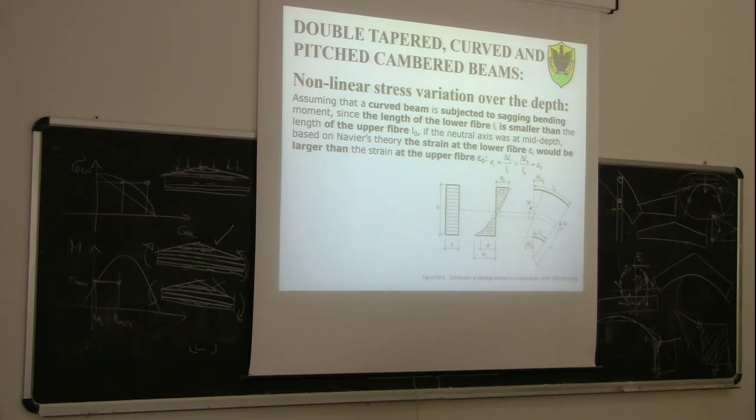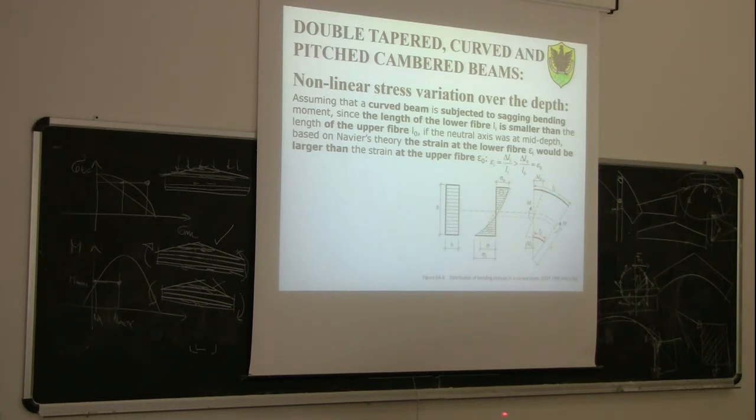Even if we assume that those two values, delta L0, so this compression strain on the upper side, is the same as the tensile strain on the lower side, when we calculate the epsilon, which is the strain, of course we need to refer to different initial lengths, because in the upper part, the length of the fiber is L0. In the lower part, the length of the fiber is Li.